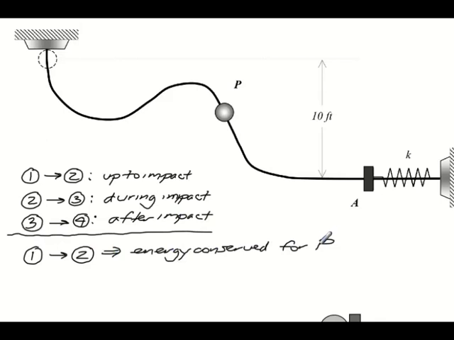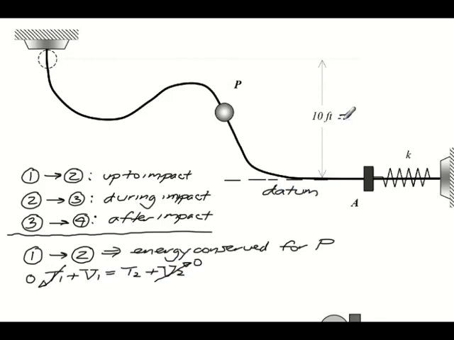For P, we have that T1 plus V1 is equal to T2 plus V2. I'm going to choose my datum position here at the bottom. With that choice, V2 is 0. Since it starts out from rest, T1 is 0.